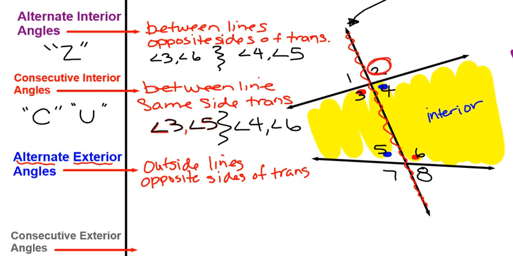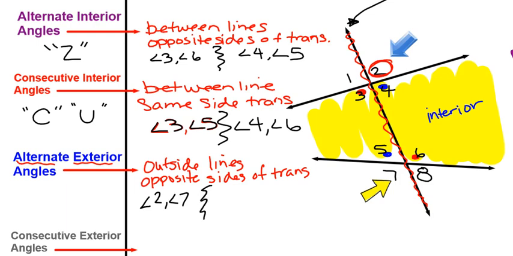So if I put this up at angle 2, what would be the alternate exterior angle to angle 2 right here? And that is what I would call angle 7 down on the bottom. Angle 2 and angle 7, notice that they're both outside the lines, and they are one on the left and one on the right. Angle 2, angle 7.